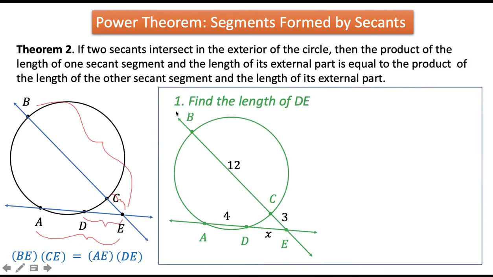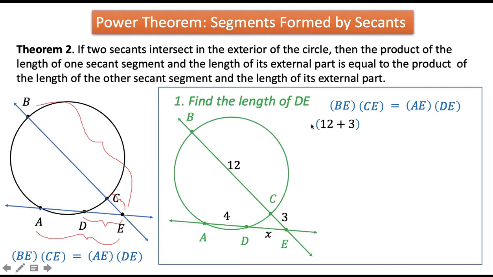So let's apply this in our given number 1. Find the length of DE, represented by variable x, wherein AD is 4, BC is 12, and CE is 3. Writing our working equation and substituting from the given, BE here is 12 plus 3.